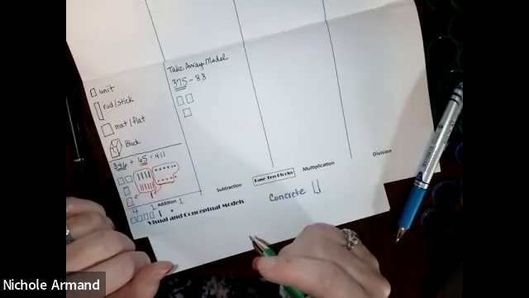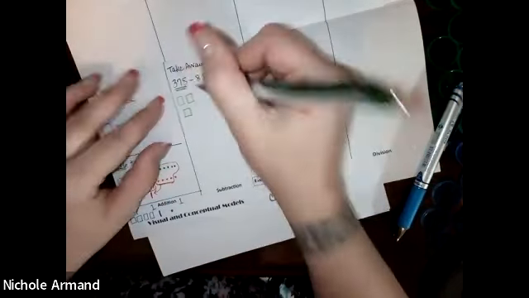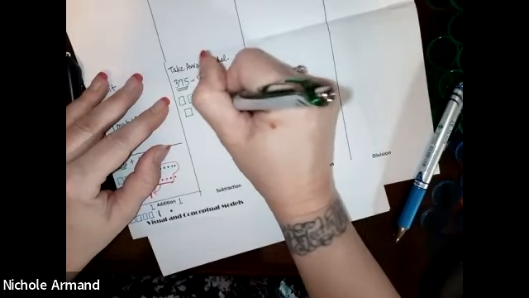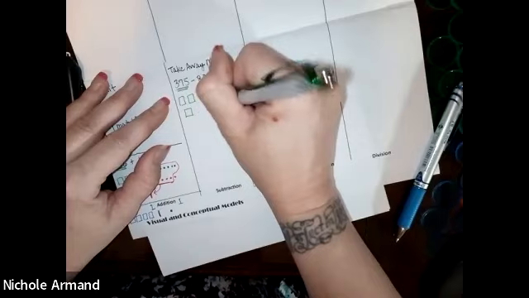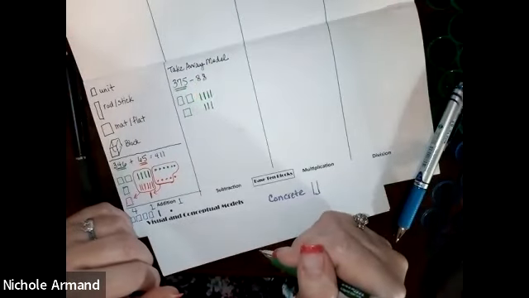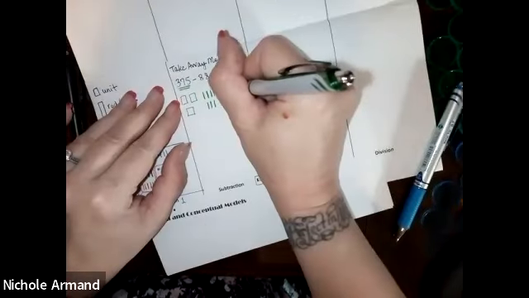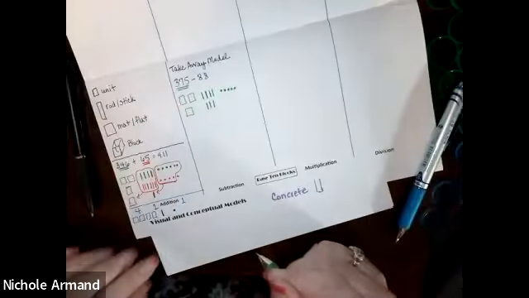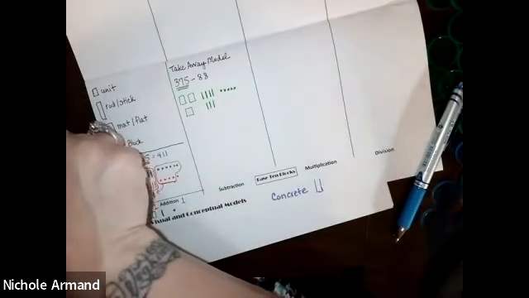And then I'm going to need 7 rods. 2, 3, 4, 5, 6, 7. And then I'm going to need 5 units. All right. So let's pick another color for the next number. I think last time I used orange.